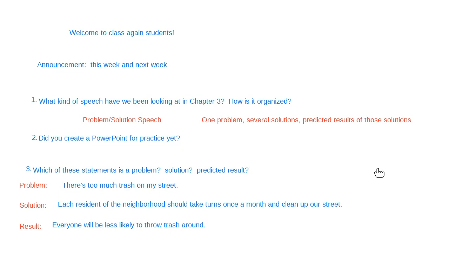So here's what we're going to do today. We're going to look at comparative and superlative adjectives. These will help you when you're describing the problem and also describing solutions. So we'll look at those a little bit later. And first, we need to check our homework on page 67.